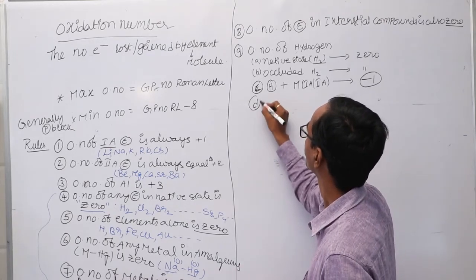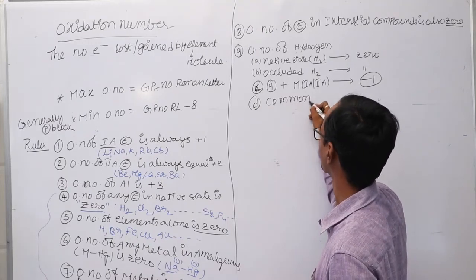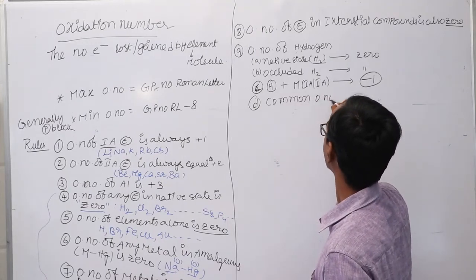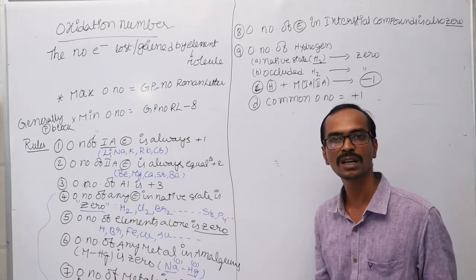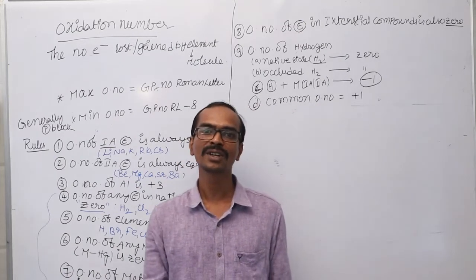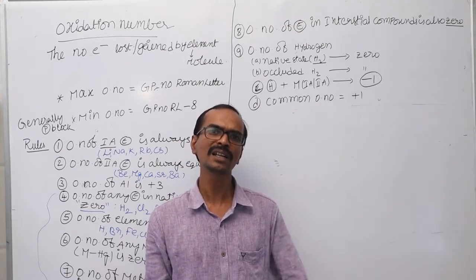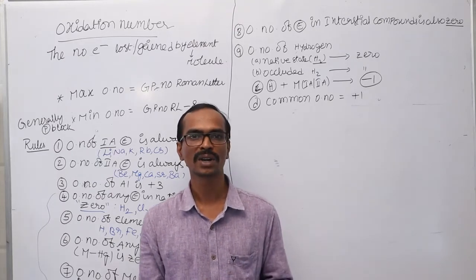Next, the common oxidation number of hydrogen is equal to +1. In general, we have to take the hydrogen oxidation number as +1. If it combines with the metals, its oxidation number will become -1.